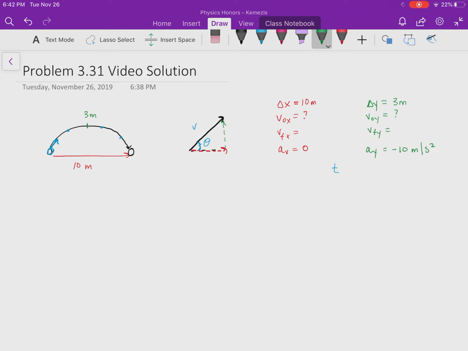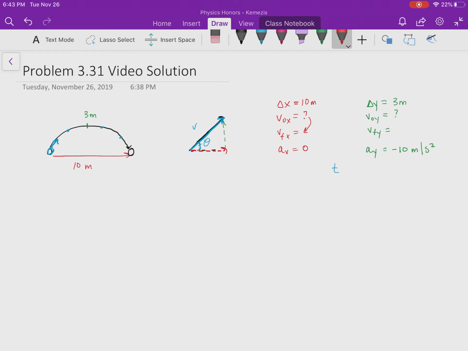This is asking us to do things backwards, where we need to find the components and then add the components together to find this initial velocity and theta. So we're just doing a problem backwards. When we're looking at this, we need to figure out a way to go forward in our problem solving.